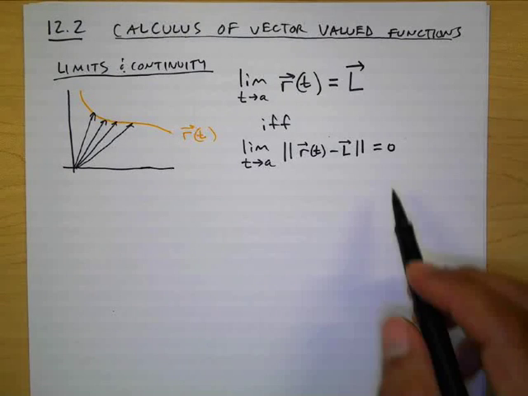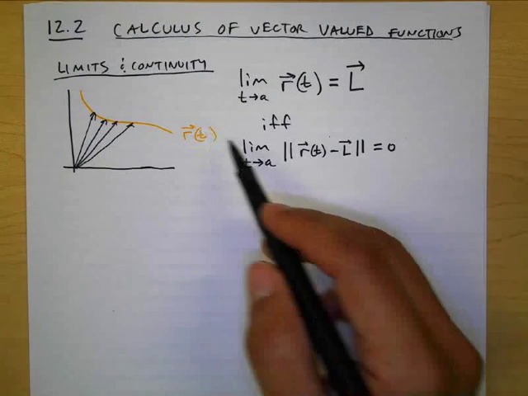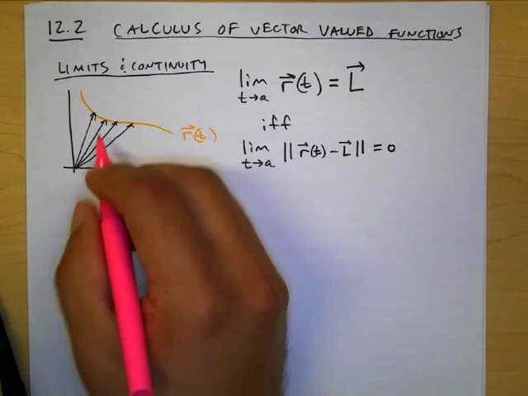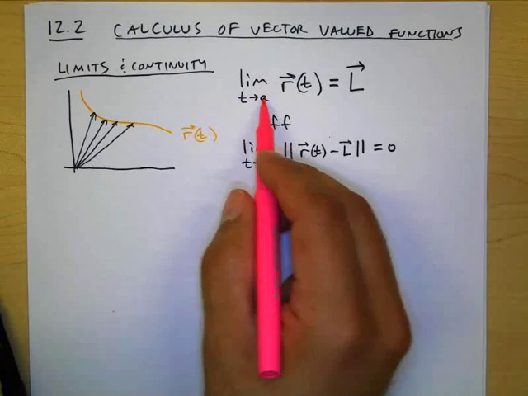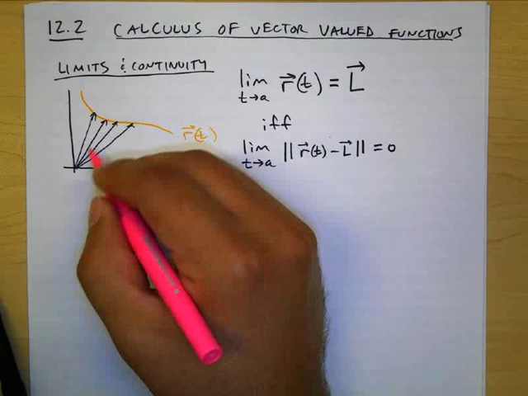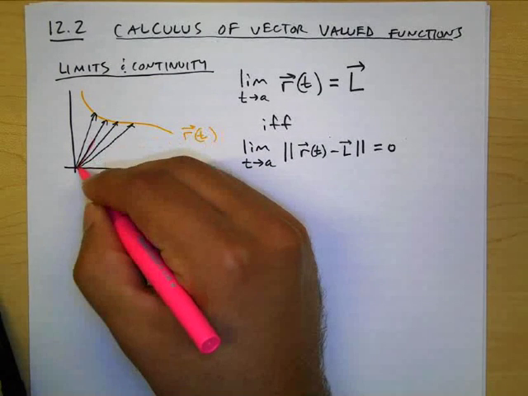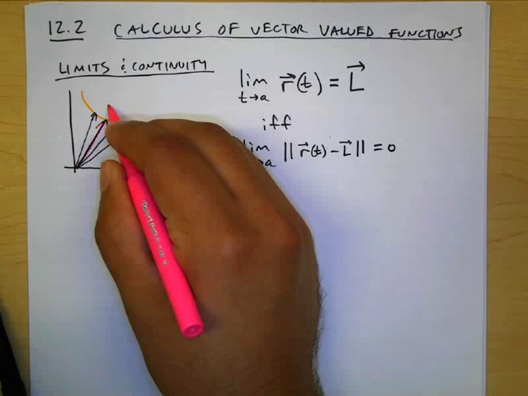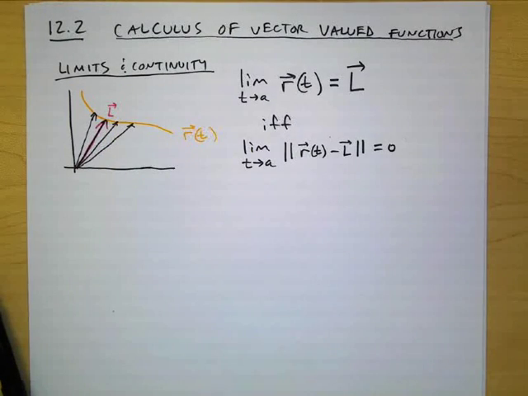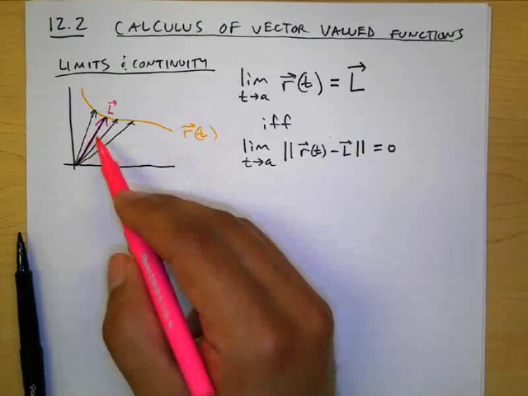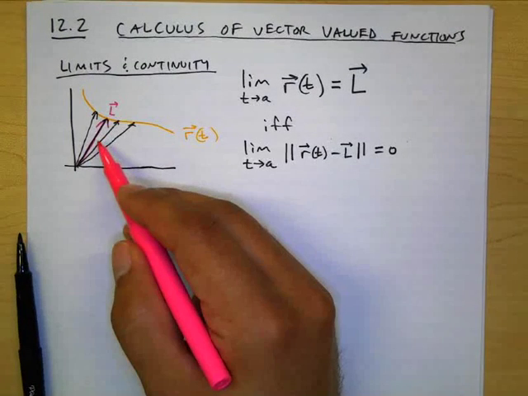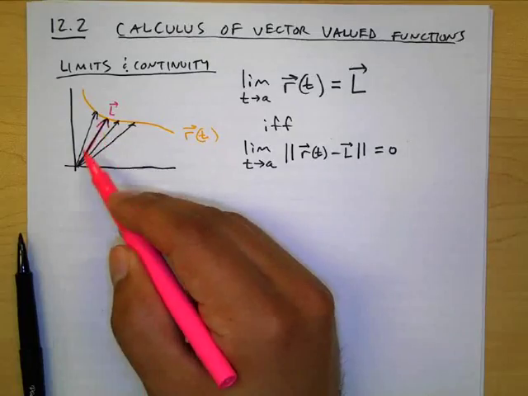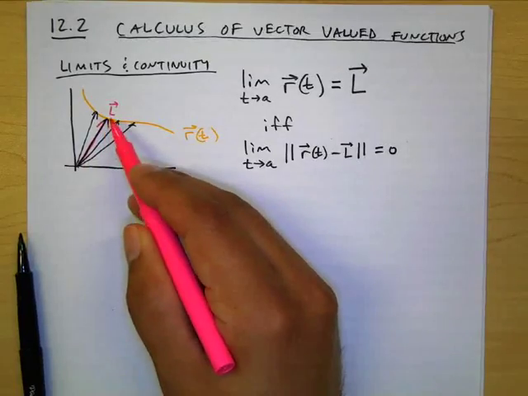In other words, all this means is that the limit, and I can zoom in here. As we get close to this a value, perhaps this is the limit that we're looking at. As we get closer to a, these vectors' components start to be exactly the same as the L vector that we have here.